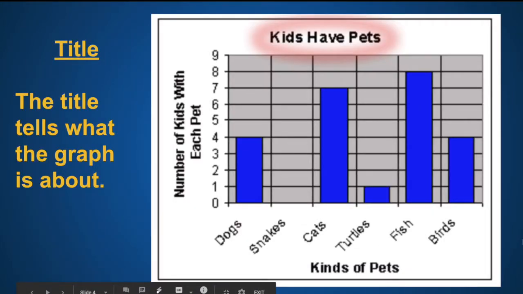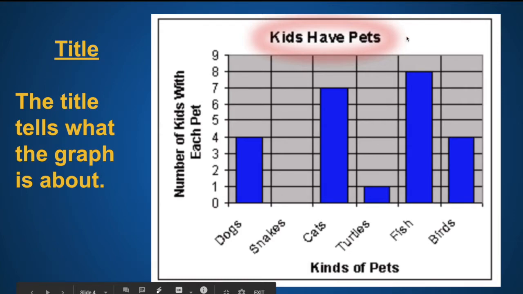Now you heard me throwing some different graph words around. I'm going to take a second and make sure you know what each of these words mean. These are also the things that you have to have whenever you make a bar graph. The first thing you have to have whenever you make any kind of graph is a title. In this one, it's Kids Have Pets. That's not the best title in the world. I would have liked some detail about like how many pets kids have.